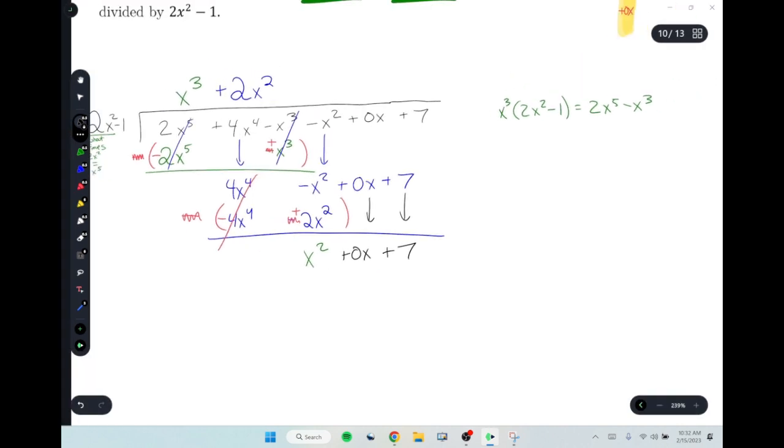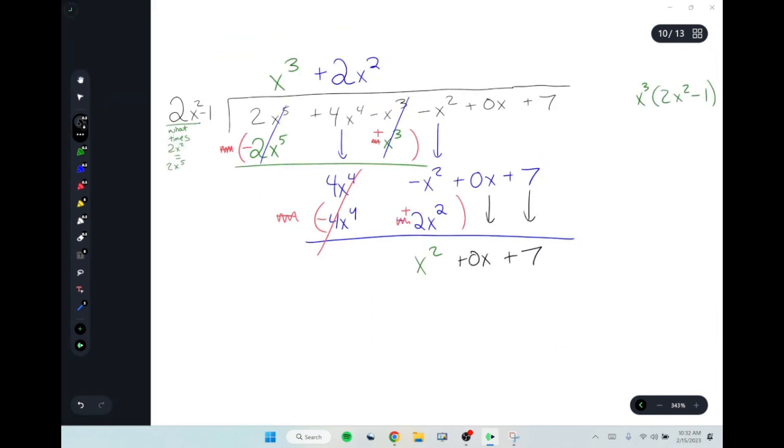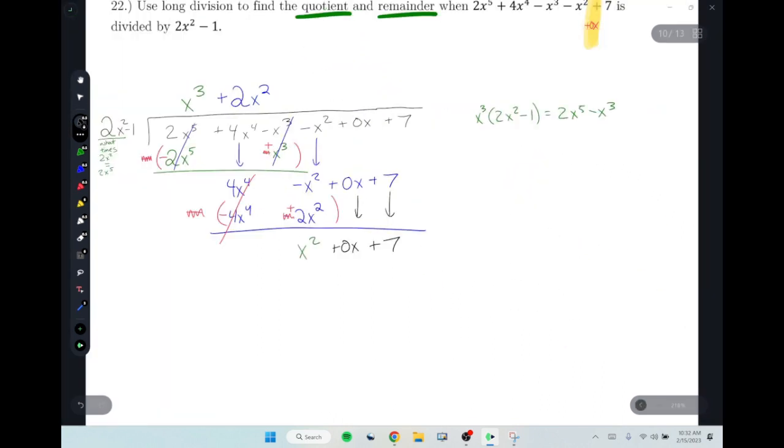What times 2x squared gives you x squared? Half x squared? No, it's not. What times 2x squared gives you x squared? There is something. 0.5. Yeah, it's just 1/2.